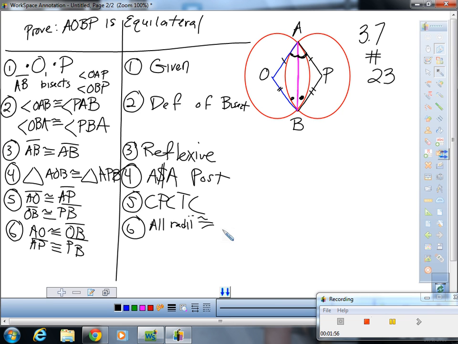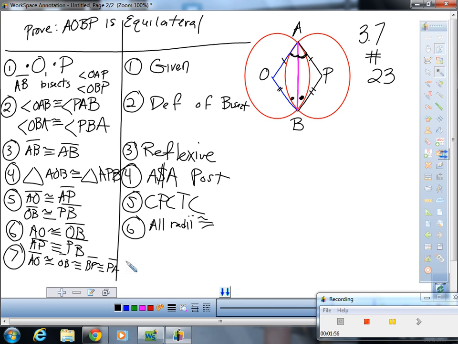Okay? Now I got some super serious transitive going on. Can you see it? So AO is AP, but AP is PB, but PB is OB. So now I'll say AO is congruent to OB is congruent to BP is congruent to PA.